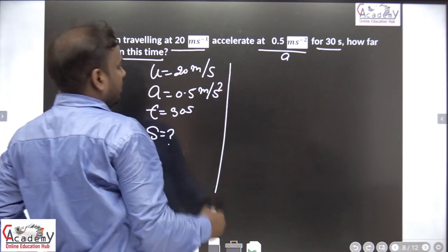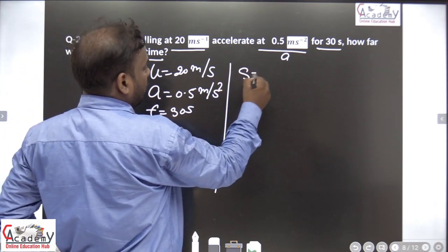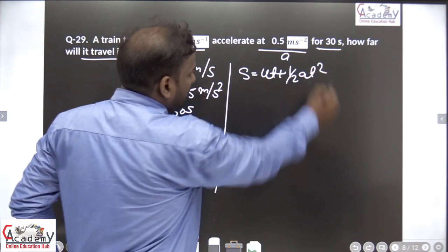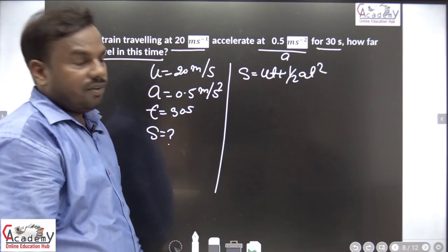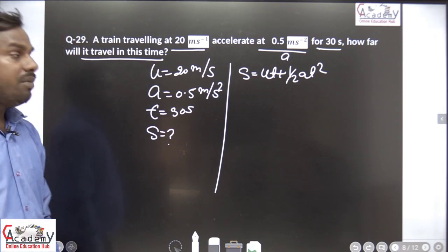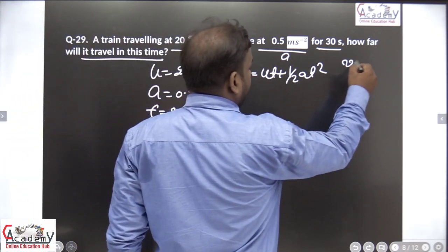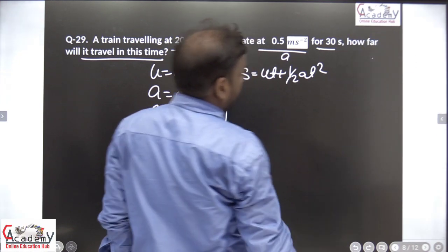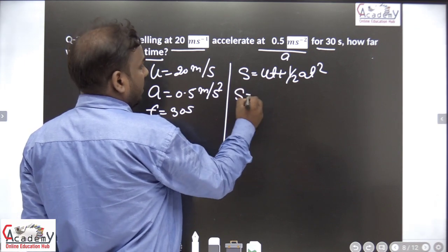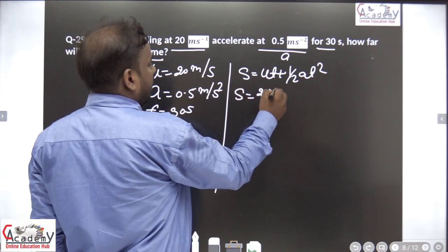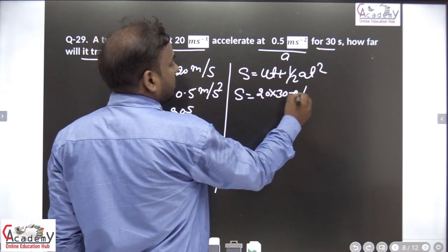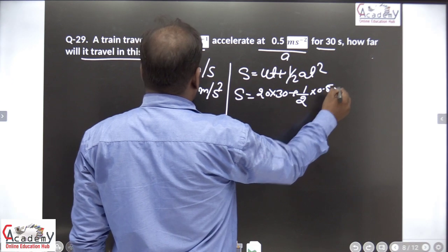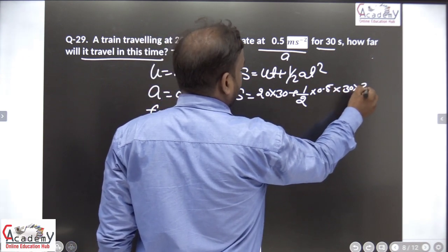Then we use here the second equation of motion, ut plus half at square. Why do we use the second equation of motion? Why do we not use the third equation of motion? Because here final velocity is not given, so we can't use the third equation of motion. So s is equal to 20 multiplied by 30 plus half, 0.5, multiplied by 30 into 30.